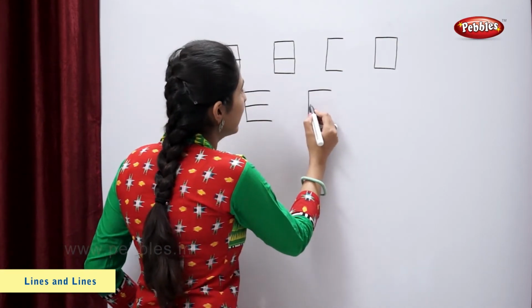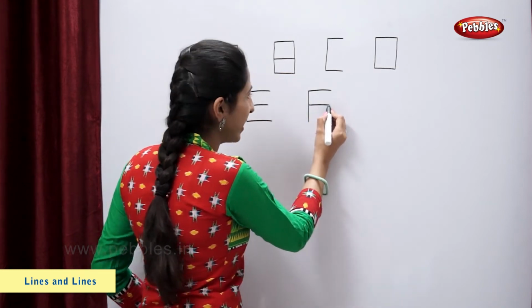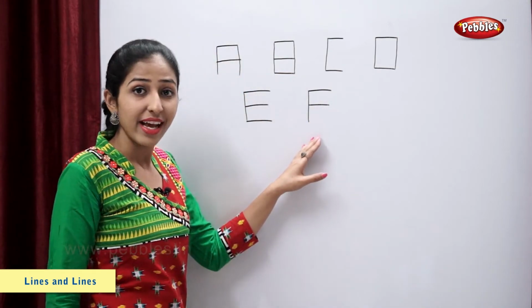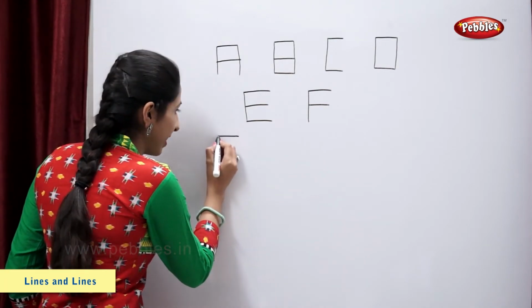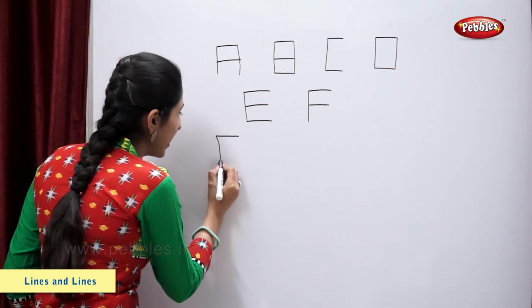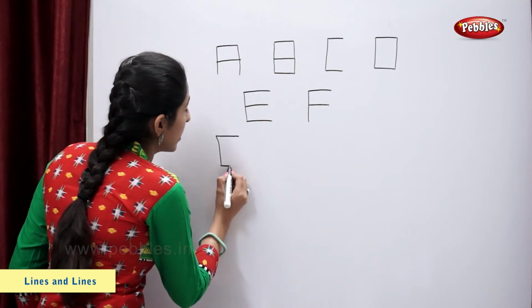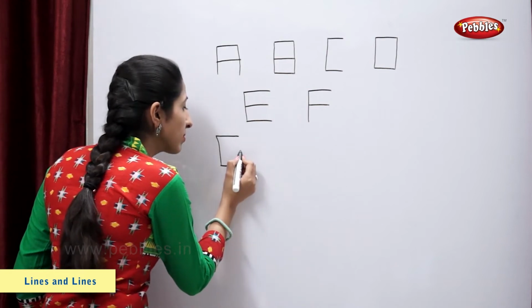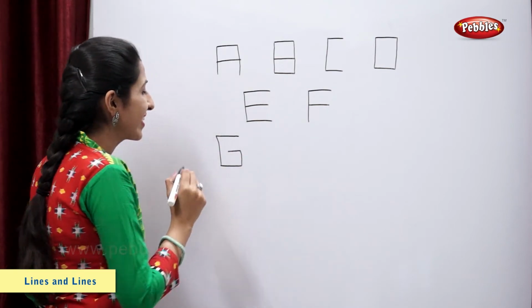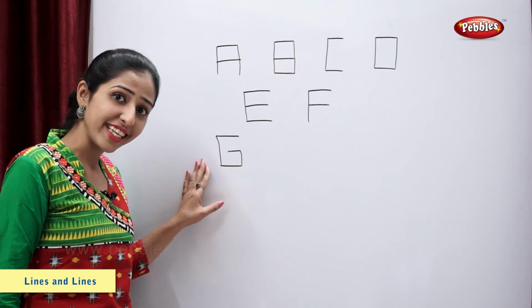Standing line. A sleeping line. Letter F. Sleeping line. Standing line. Sleeping line. Standing line. One more sleeping line. Letter G.